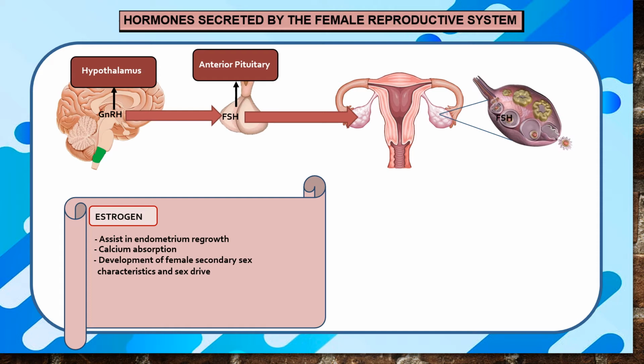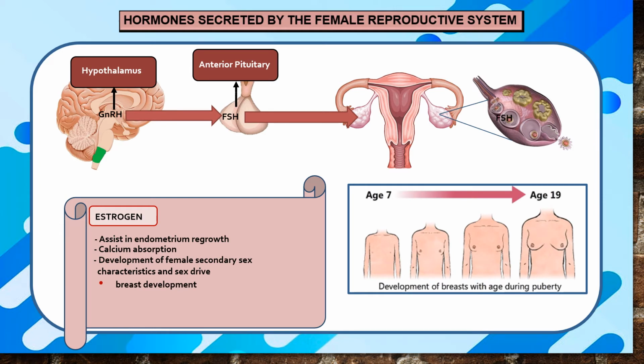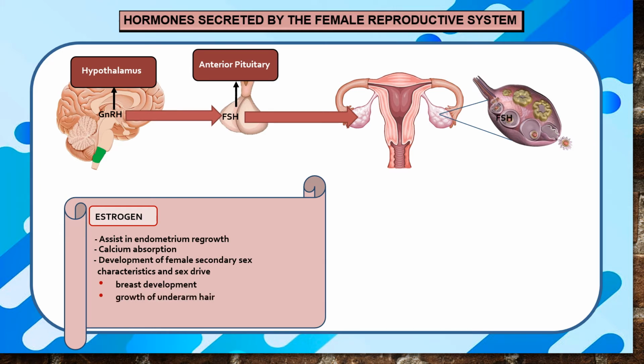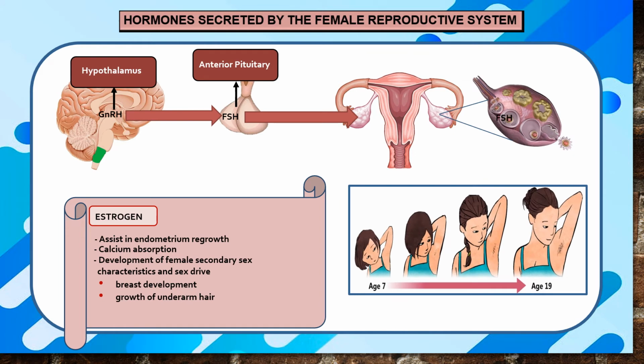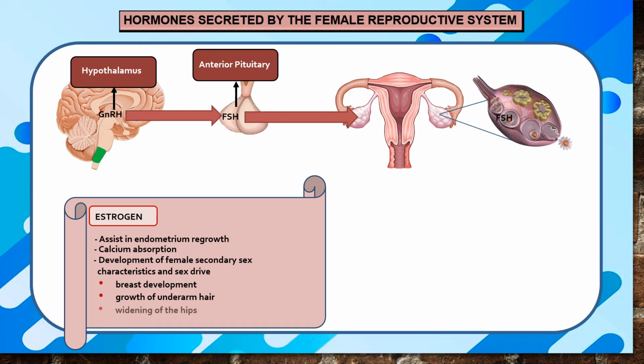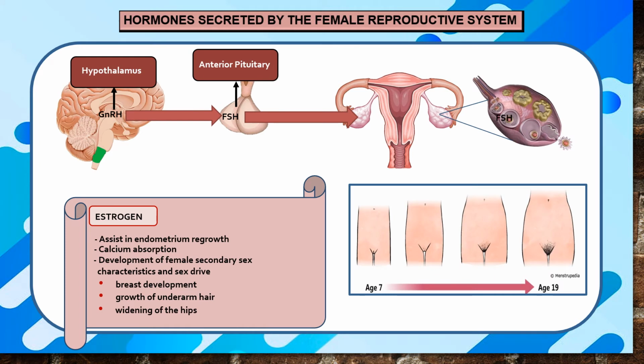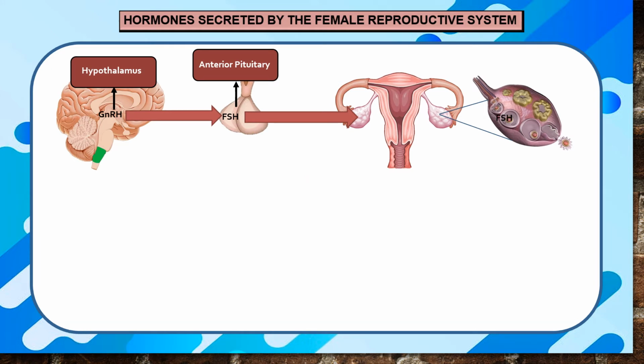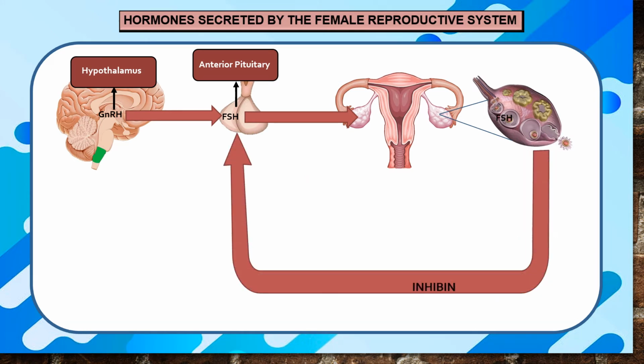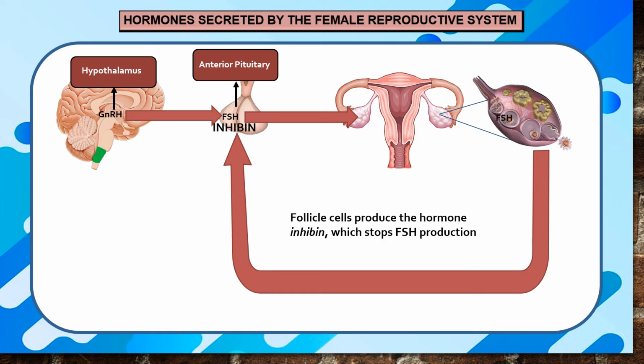Here are some female secondary sex characteristics: breast development, growth of underarm hair, widening of hips, and growth of pubic hair. Follicle cells produce the hormone inhibin, which stops FSH production.